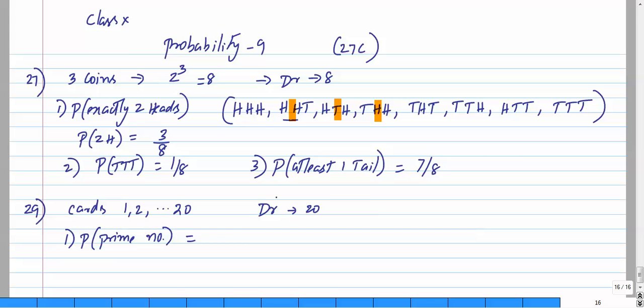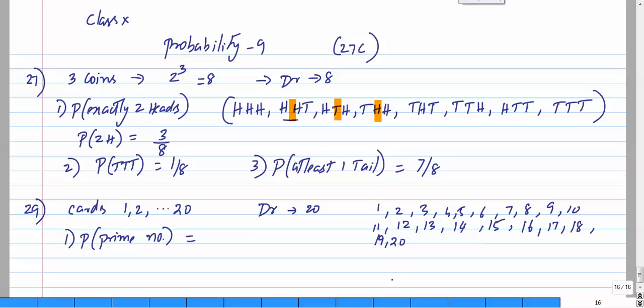Okay. Now we know that when we write these numbers, I have these 20 numbers written down here. So prime numbers would be 1, 2, 3, 4, 5, 6, 7 and 8.